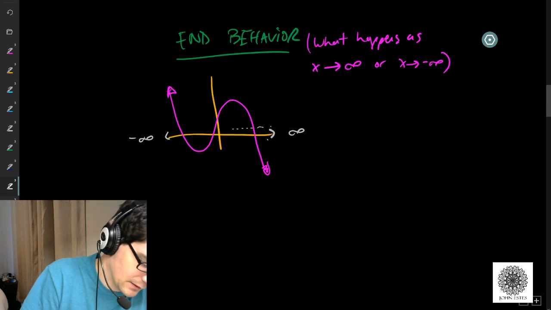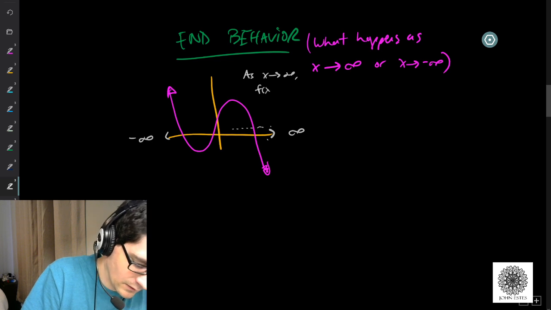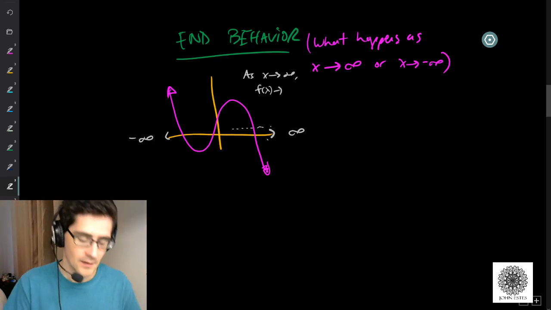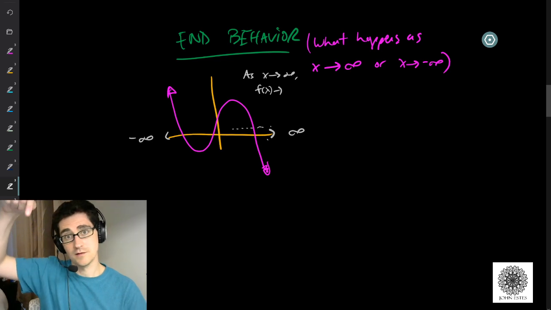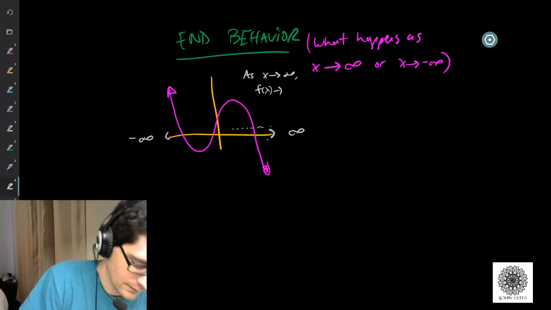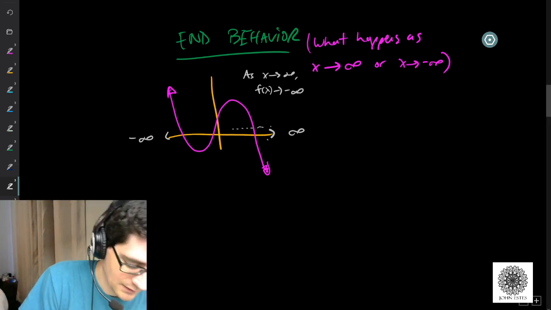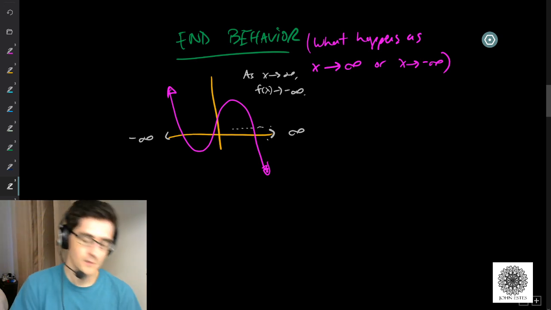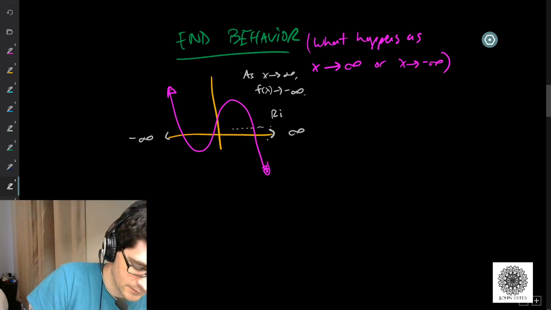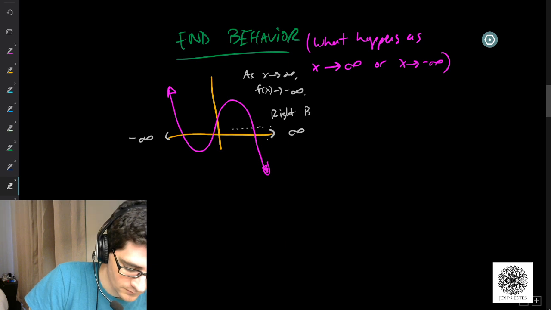And we write it like this. So as x approaches infinity, my function f of x just keeps going down. That approaches negative infinity, and that's what we call the right behavior, because that's what's going on the right.